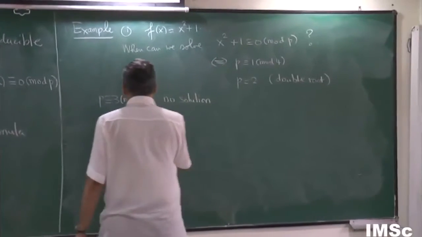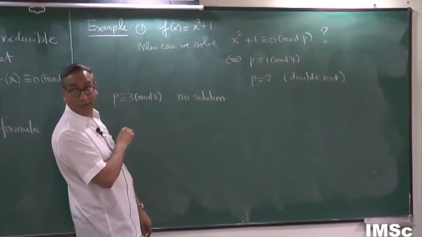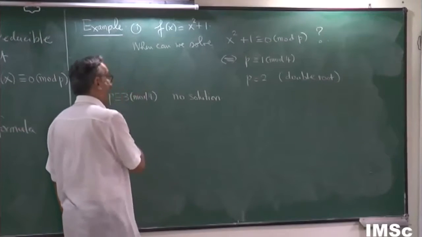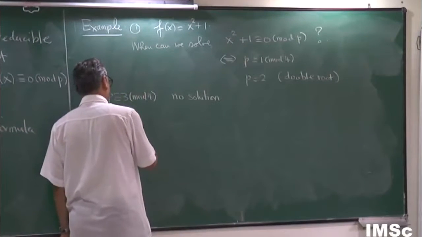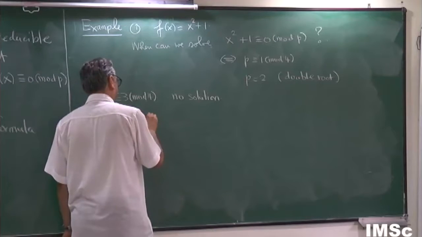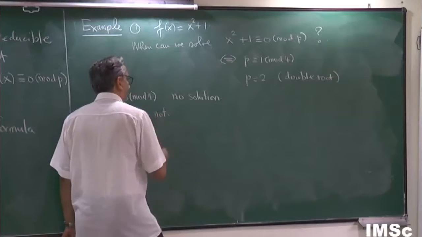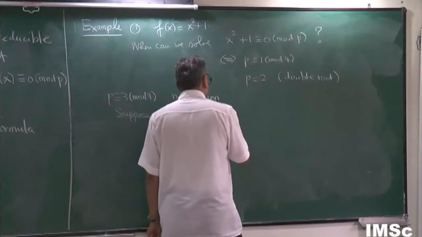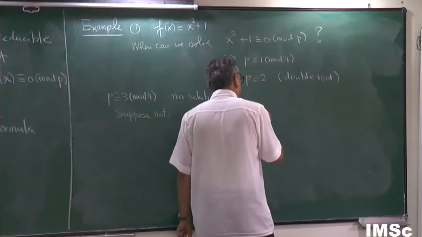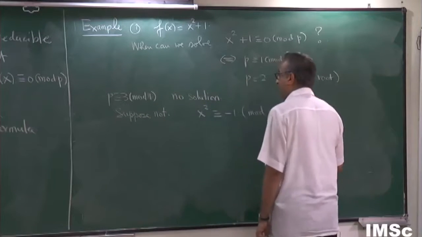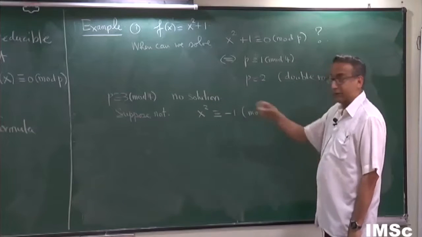Suppose not. It's a good way to begin, right? So we have x squared congruent to minus 1 mod p. We have a solution.